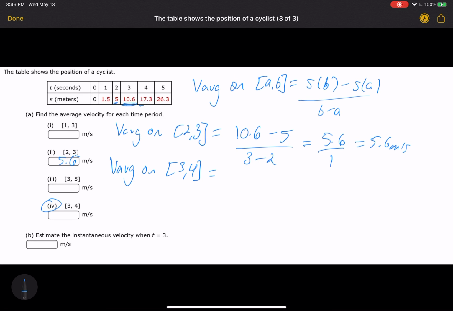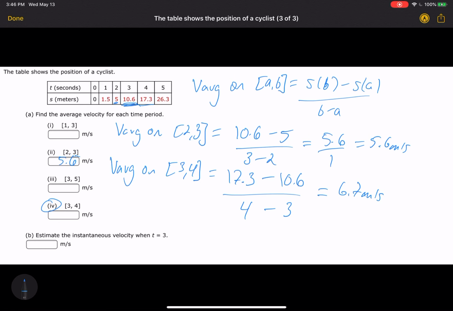That'll just be equal to 17.3 minus 10.6 over 4 minus 3, which is equal to 1. We get 6.7 meters per second. And that's what happens if you just plug it into a calculator.